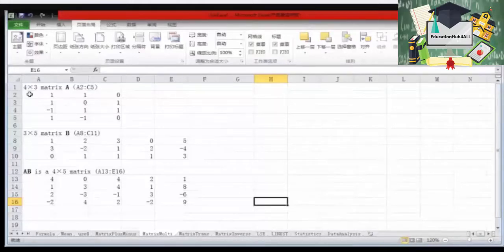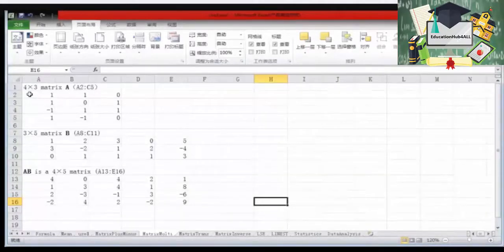So what are the dimensions of the matrix A by B? What kind of matrix is A by B? A is 4 by 3, which means 4 rows, 3 columns.